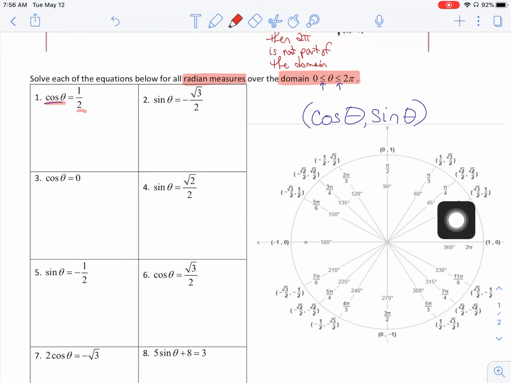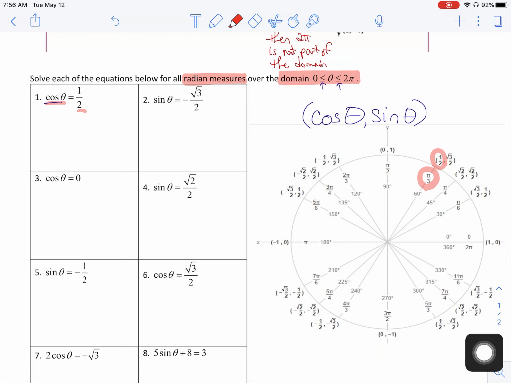So I'm going to scan my little unit circle. Ooh, right here. I have an x value of 1/2, and that is a radian measure of pi over 3. So I'm going to keep going. Okay, all of these x's are negative, so I'm going to ignore them. Ooh, found another one right down here.